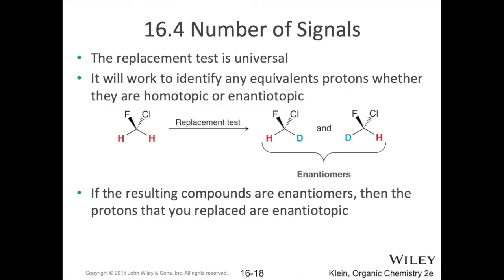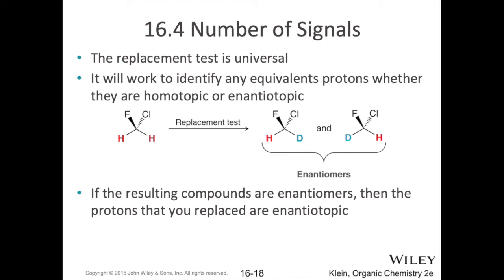This replacement test will get rid of that confusion for you, because we're defining enantiotopic as the two molecules having to be enantiomers of each other. If you have two hydrogens that are homotopic to each other, they won't form enantiomers. They would still form identical molecules.